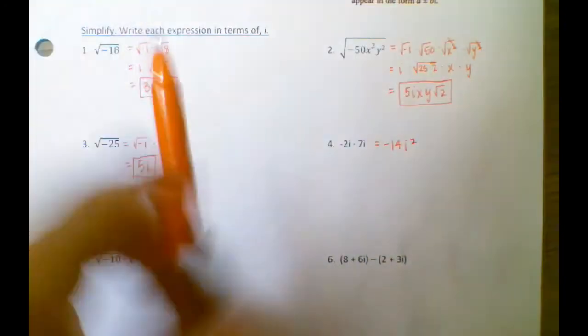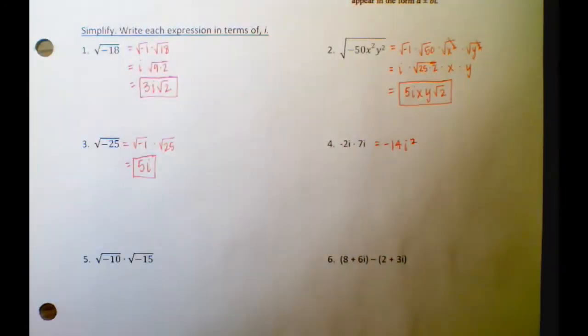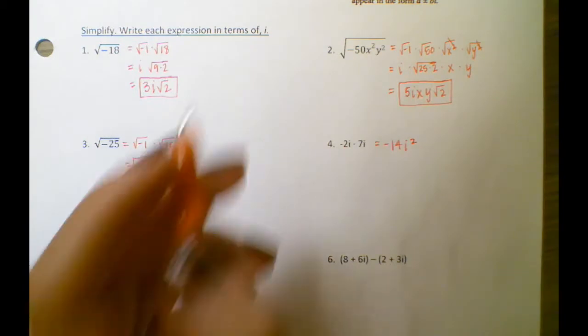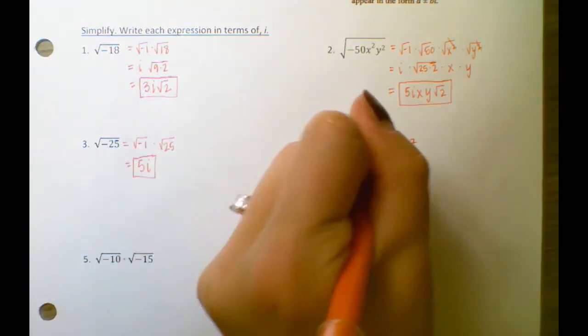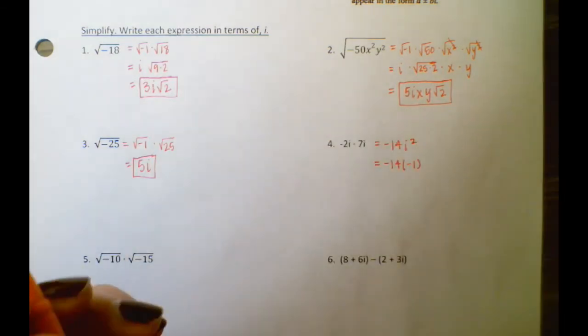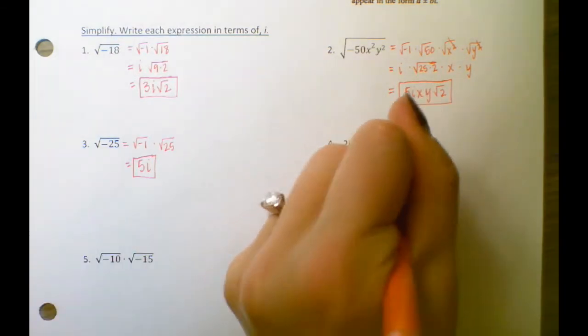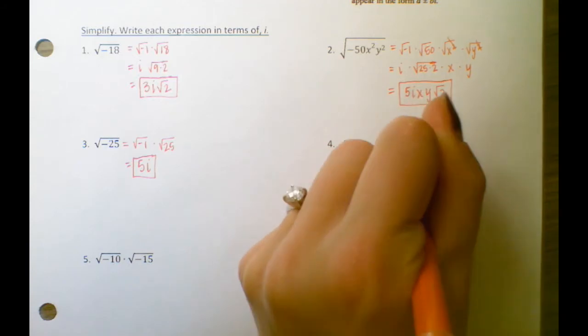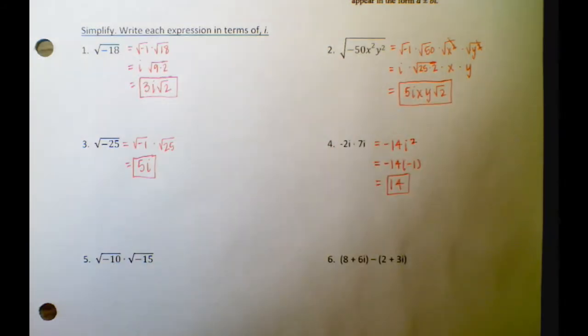Now, anytime we see i squared, we know that i squared equals negative 1 from up above. So I'm going to substitute a negative 1 in for that i squared. So I have negative 14 times negative 1. Two negatives make a positive, so this actually equals positive 14. Okay?